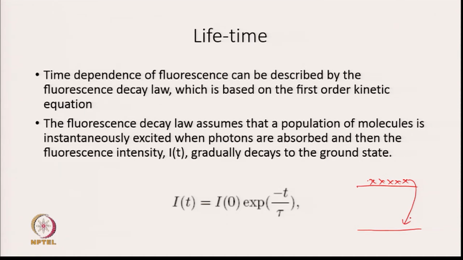The kinetic equation used to know the number of excited molecules decaying with time is given by dI/dt is proportional to I. So, we can write minus dI/dt is equal to some constant k into I, where k is the rate constant of the decay.